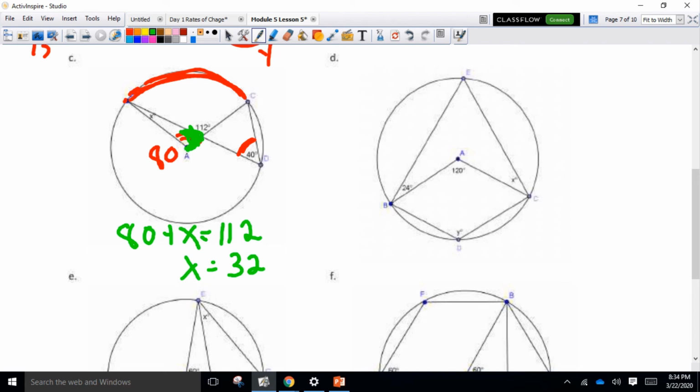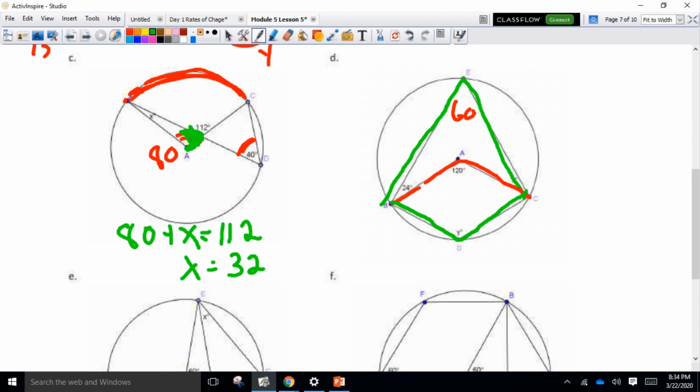Okay. This one here, we have this angle and this angle, right? That angle there, this angle here. This one's 120. That angle has to be half, so it's 60. Okay. And then if we keep looking at this, this is an inscribed quadrilateral.